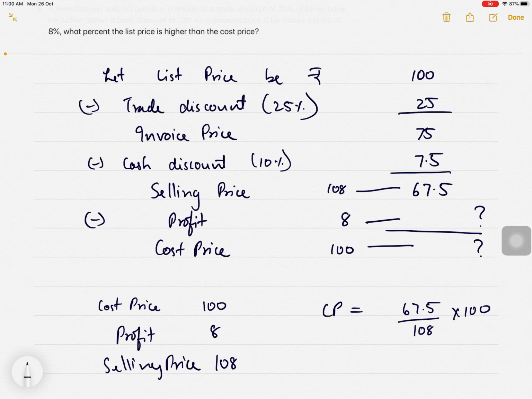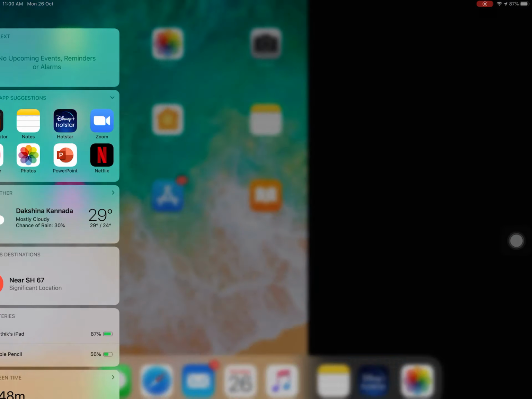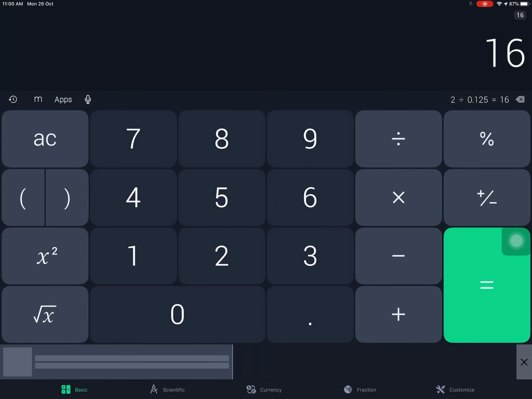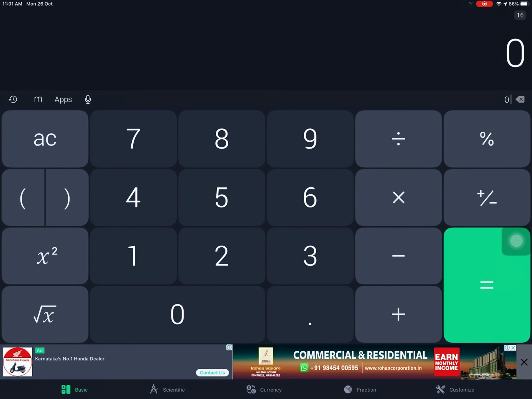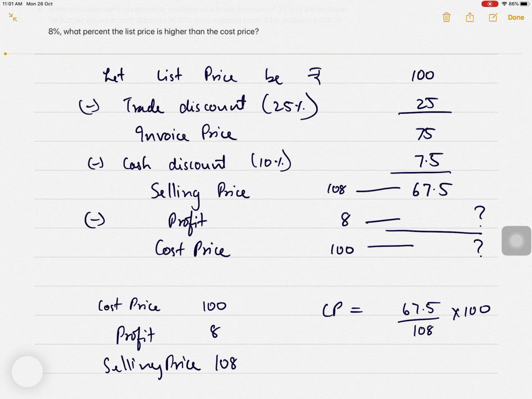Please calculate that. 67.5 divided by 108 multiplied by 100 comes to 62.5. That means my cost price is 62.5. So my profit is 5.